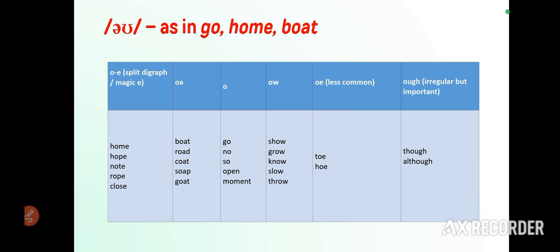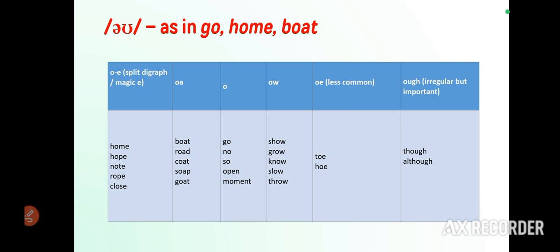It can be spelled like OA in words like boat, road, coat, soap, goat. It can be spelled as the letter O in go, no, so, open, moment.